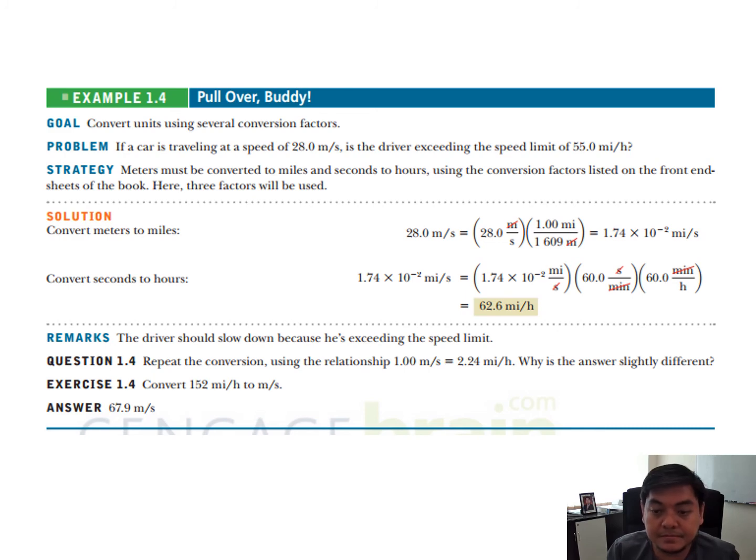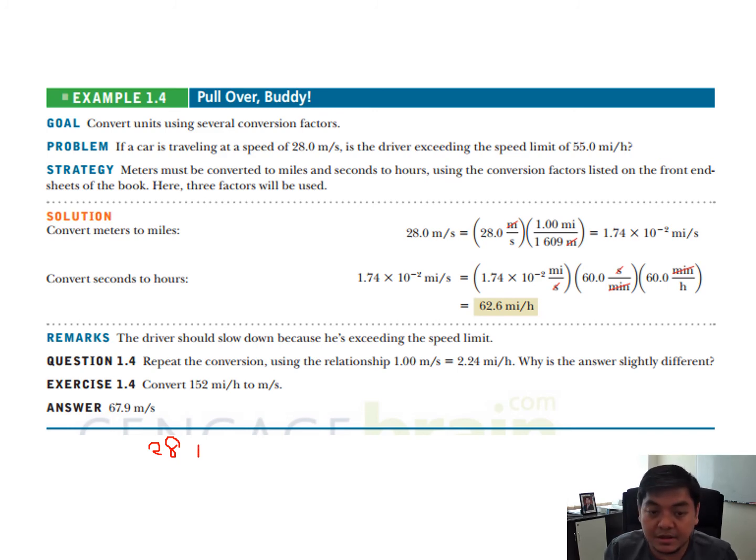Okay, so let's look at 28 meters per second. How to convert two units together? Just now we did feet to meter, meter to feet, so that only involves one parameter.